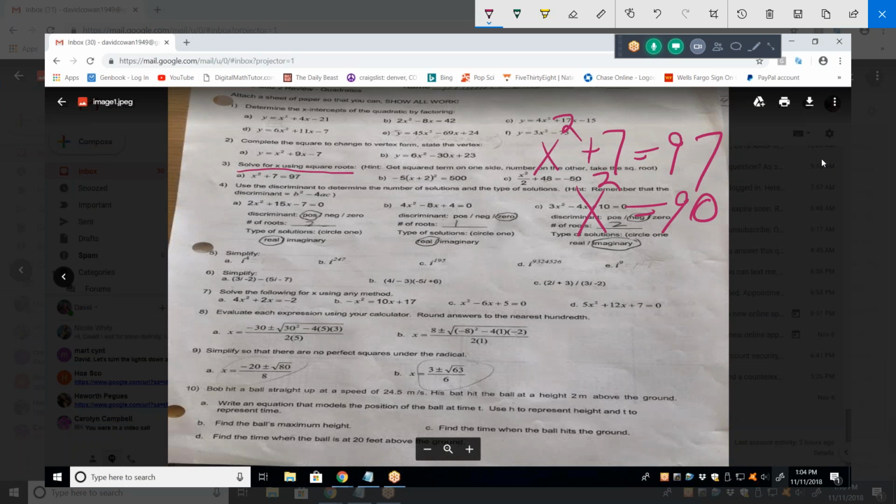And the next line. Good. Now, is the square root of 90 simplified? Okay. What is the square root of 90 equal to? Over here on the left. Good. Which becomes what?